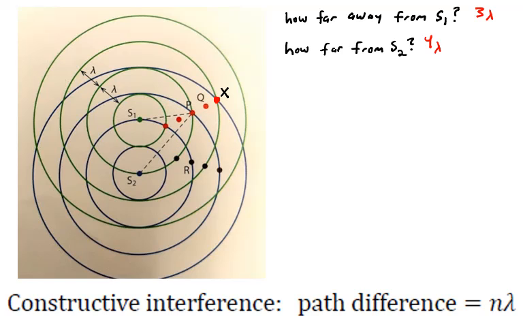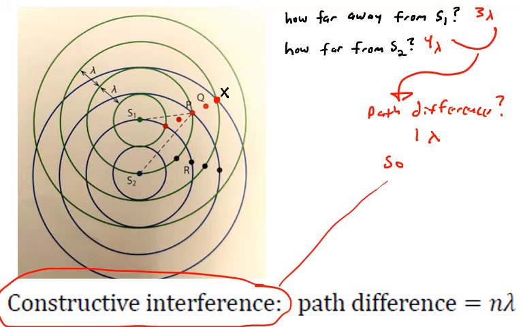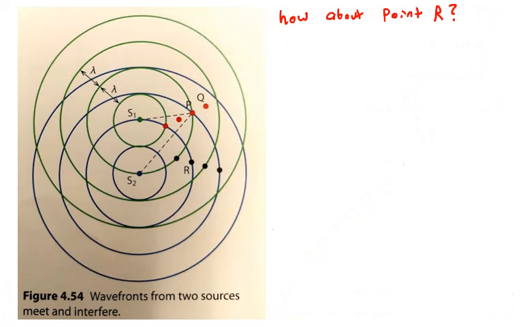So 3 wavelengths there, 4 wavelengths there. The path difference between them, if we subtract them, 4 wavelengths minus 3 wavelengths, the path difference is exactly 1 wavelength. So therefore, there is constructive interference, right? We subtract the two distances, how far away they are, and we get constructive interference.